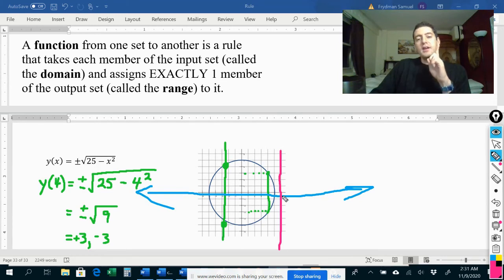So it better intersect with that graph one time.